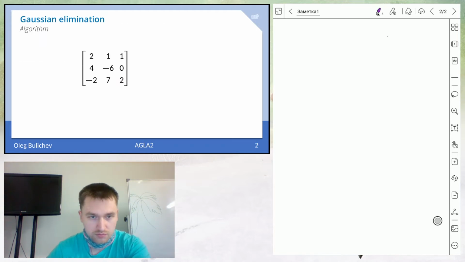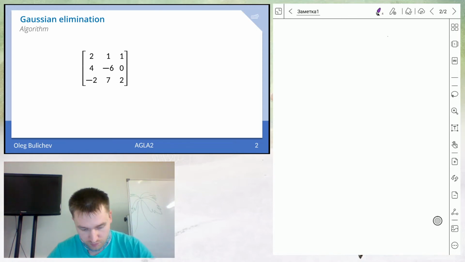So first of all, we are going to Gaussian elimination. What is the main goal of Gaussian elimination? We have Gaussian elimination and Gauss-Jordan elimination. The difference was explained before, but roughly speaking, in Gaussian elimination we are trying to obtain an upper triangle.